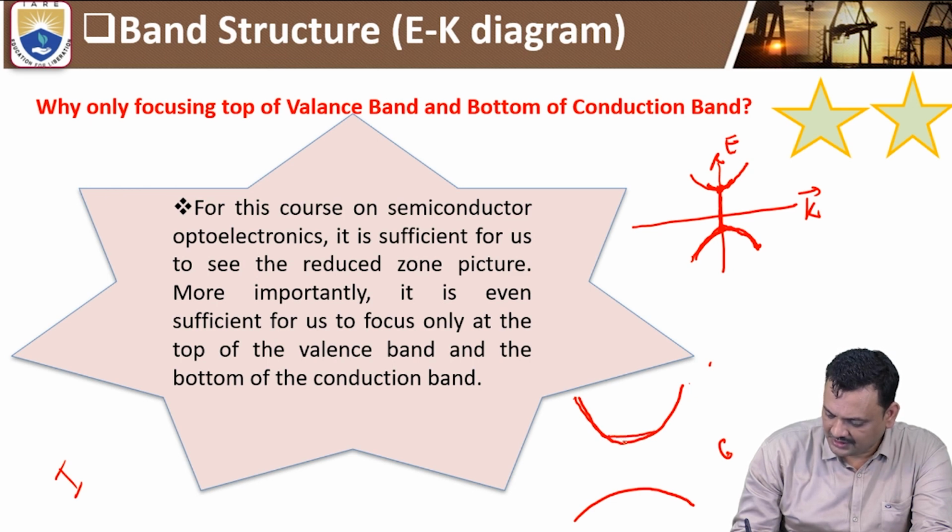Nearby means, suppose this is your bottom of conduction band, this is top of valence band. So this region. If suppose here the energy value is E, then here E plus delta E.